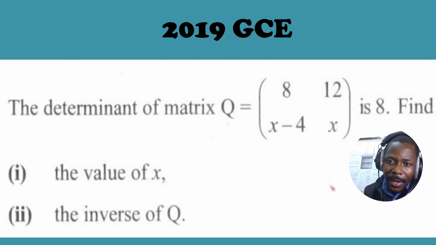Find the value of x. Okay, so here we've been given that the determinant for this matrix is 8. Now, what will be the value of x? And having found the value of x, we can go on to find the inverse of this matrix there. That's great. Okay, let's proceed.